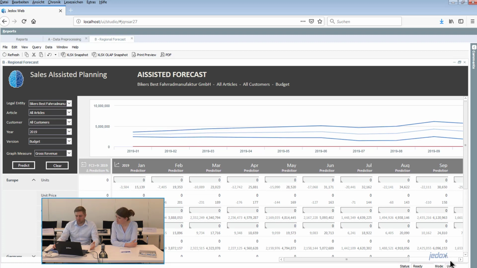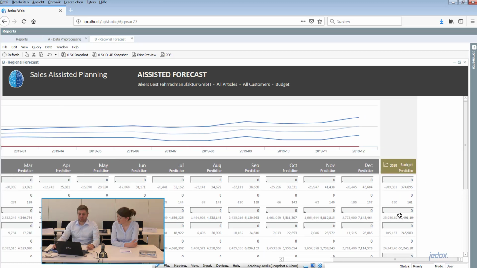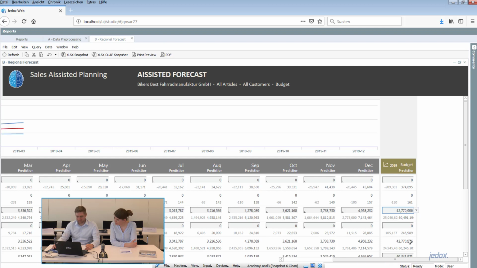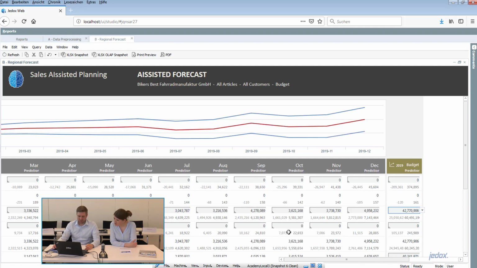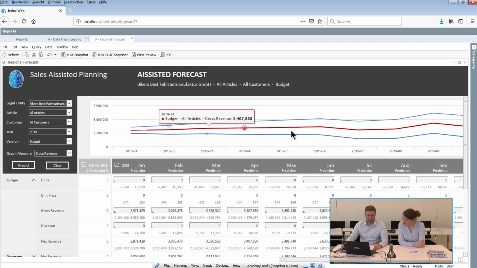So what I can do now is copy the values like we used to do in other planning reports, but we are not copying the previous year, but the predicted values. Okay. So everything's here now. So we have the predicted values as a baseline, and now we can start adapting them.